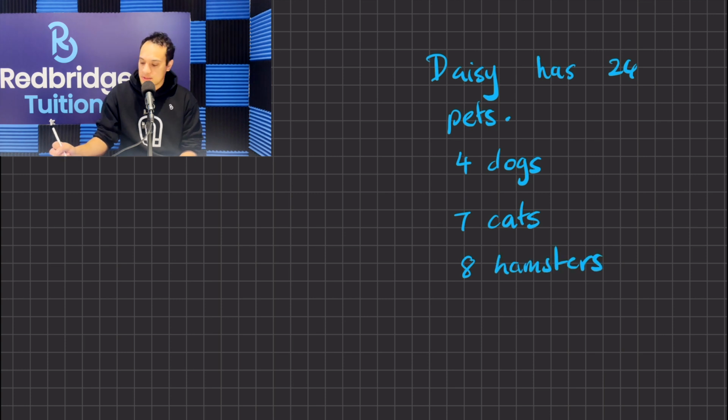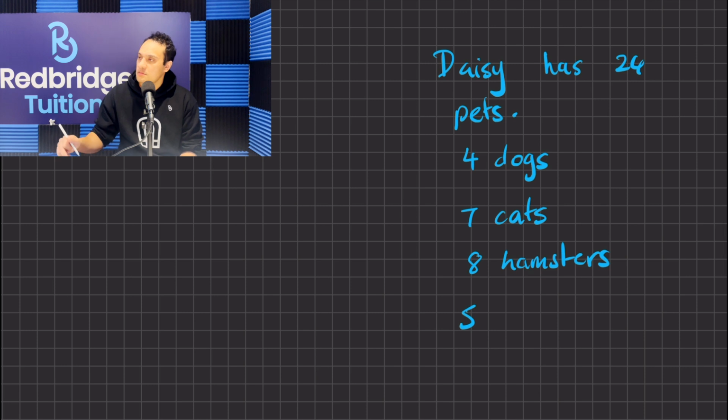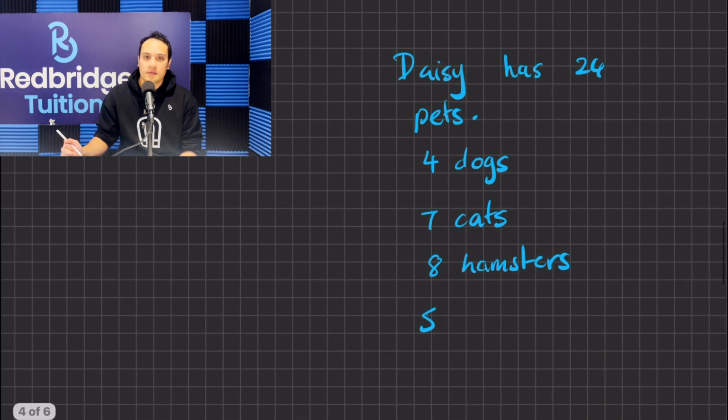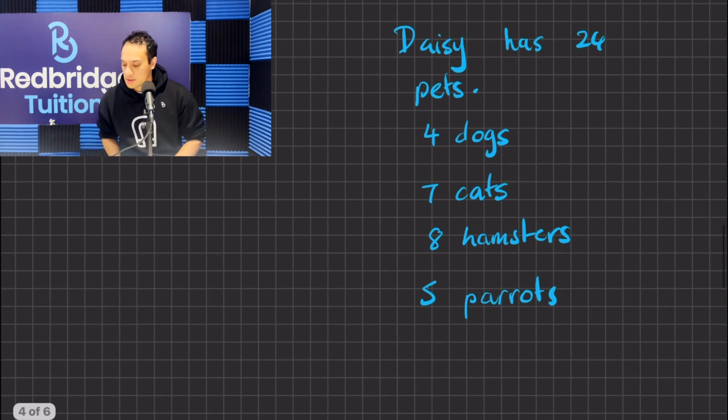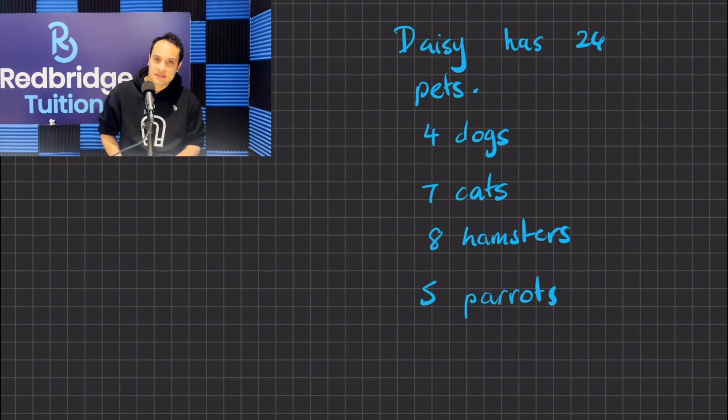So far we've got 19. And then she's got 5, what's another good pet? Parrots. Got 5 parrots. Very noisy house. Okay, so you got 4 dogs, 7 cats, 8 hamsters, and 5 parrots. That makes a total of 24.